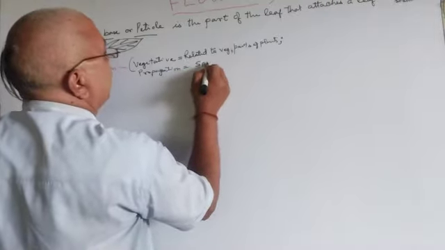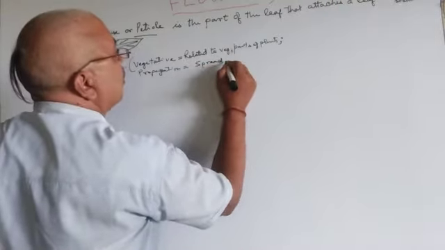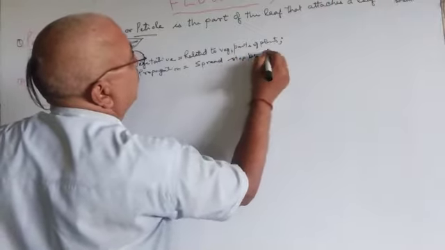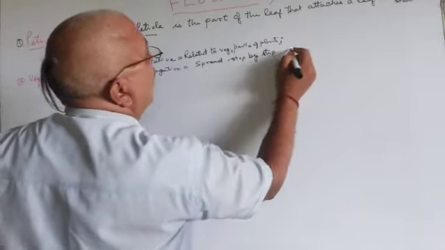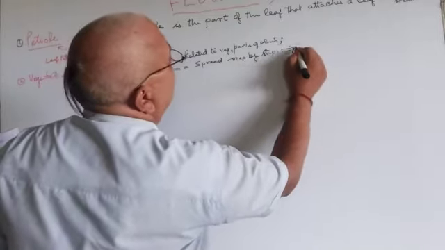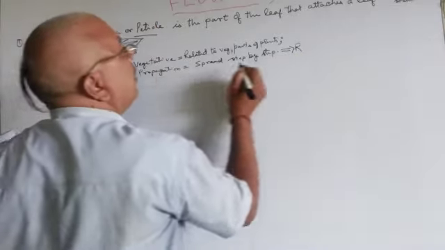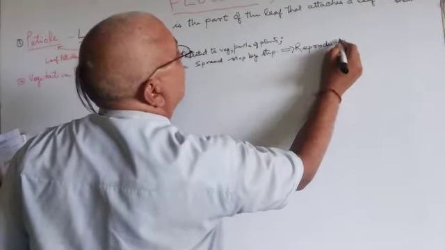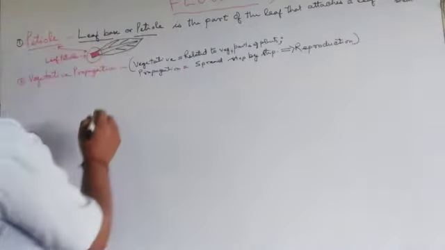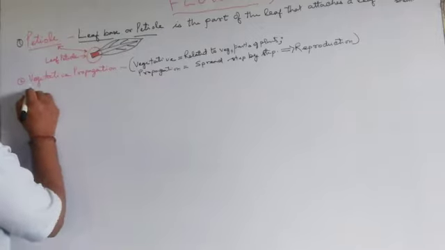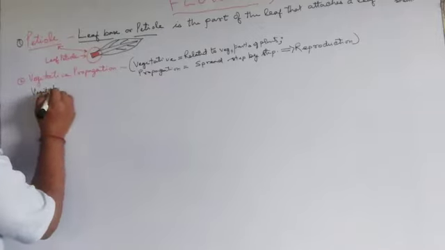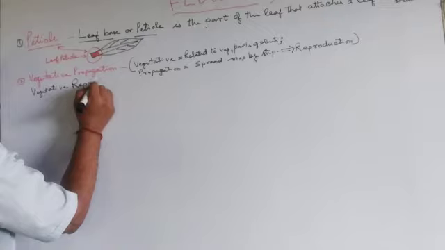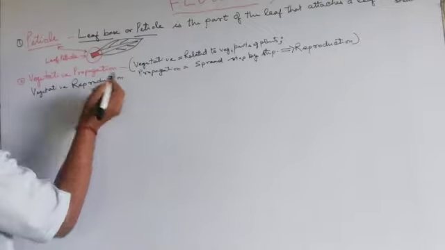Propagation means spread step by step, right? Other word for this, this implies the word reproduction. So vegetative propagation can also be written as vegetative reproduction, right?